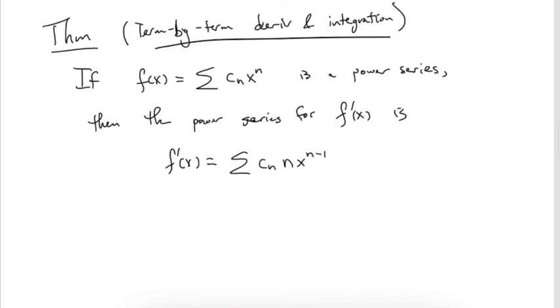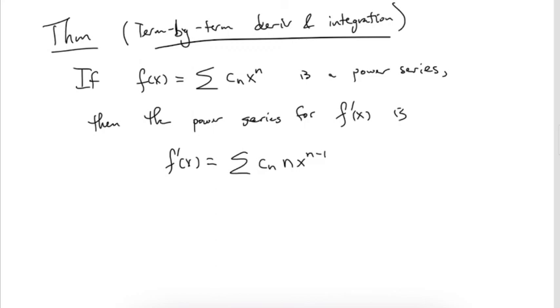That's the derivative of x to the n. So if you have a power series for a particular function, then the series for the derivative is easy to find. You find it by taking the derivative term by term. That's why this is called term by term differentiation and integration.